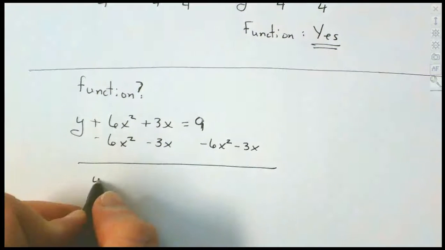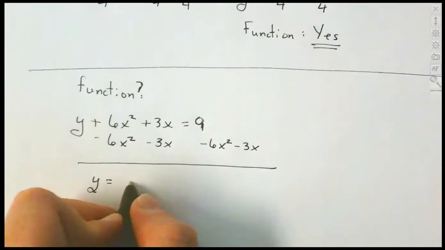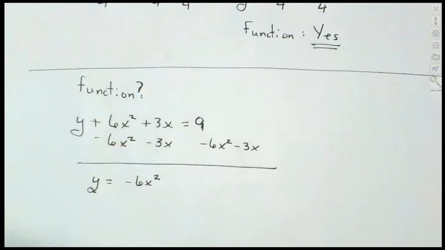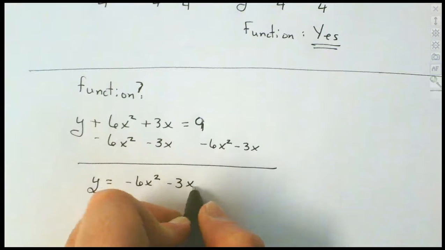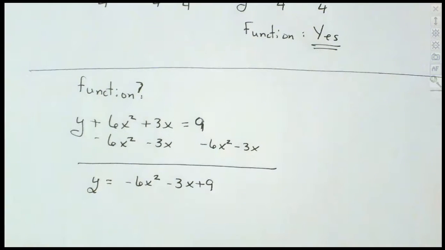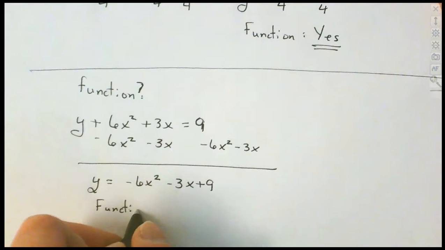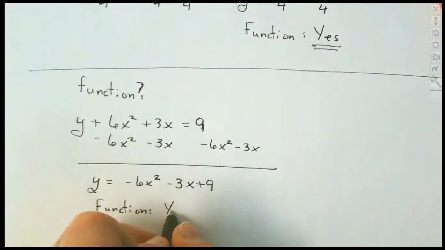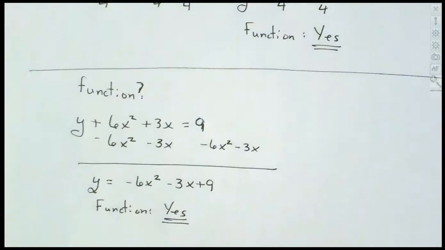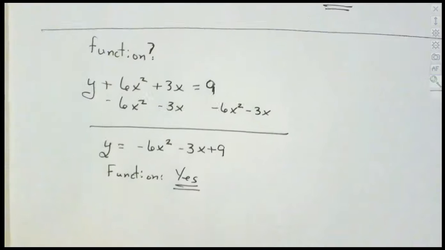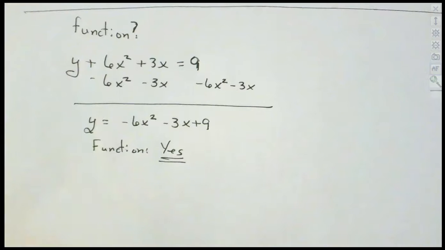And then that leaves me with y equals minus 6x squared minus 3x plus 9. This is a function, and why is it a function? We were able to get the y by itself. As long as you can get y equals, it is a function. Most of the time, they will be functions. You have to be able to get y by itself.